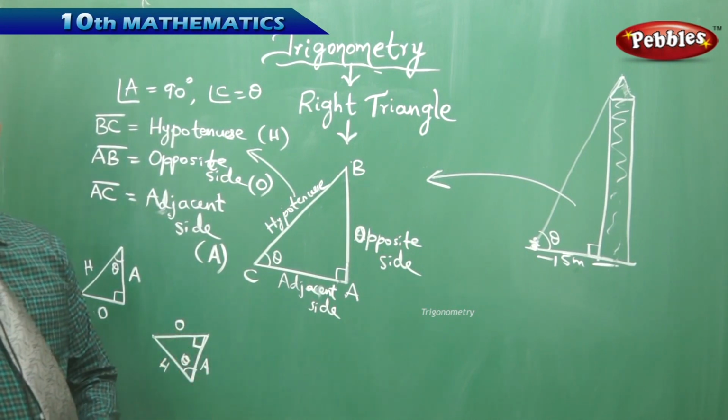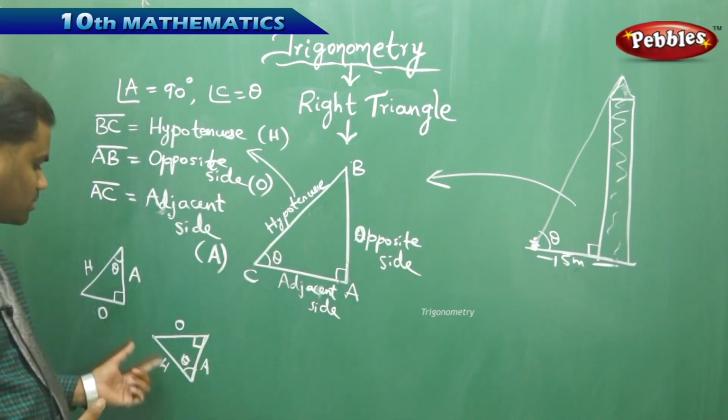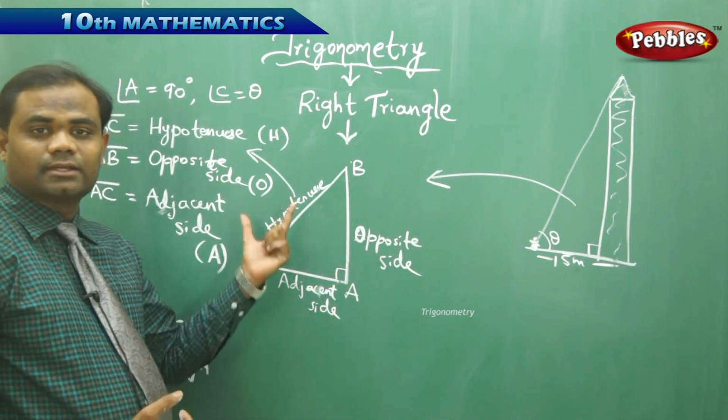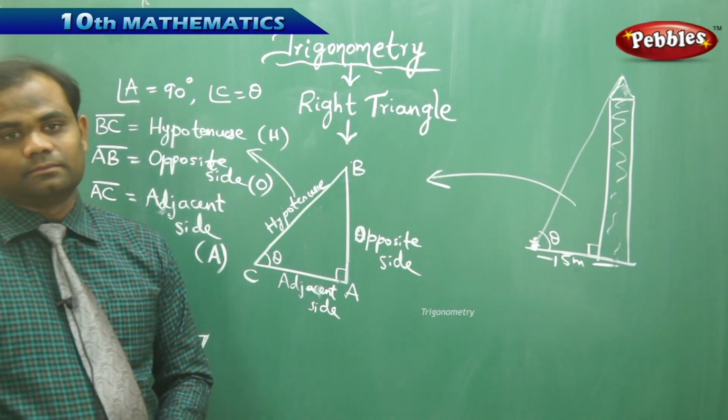This is how we understand the different right angled triangles taken in different forms, finally giving us the opposite side, adjacent side and hypotenuse for a right angled triangle.